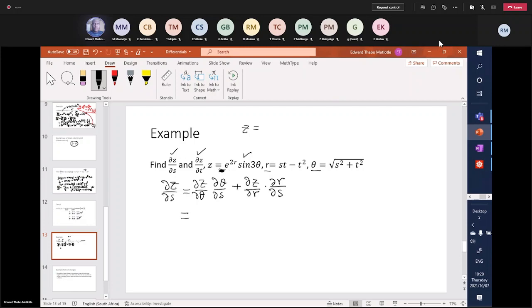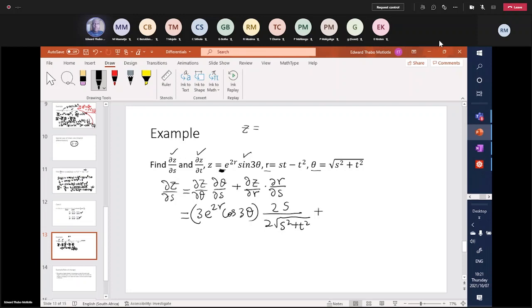Now if I differentiate z with respect to theta, what do I get? My answer is 3 e to the power 2r cos 3 theta. Now I differentiate theta with respect to s, this one here. My answer will be 2s over 2 root s squared plus t squared.